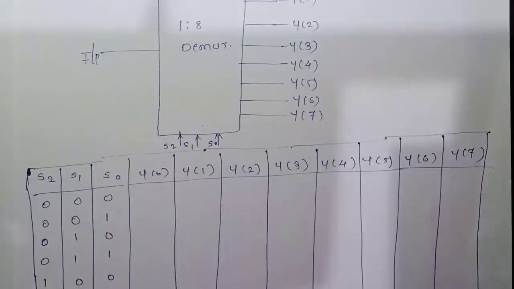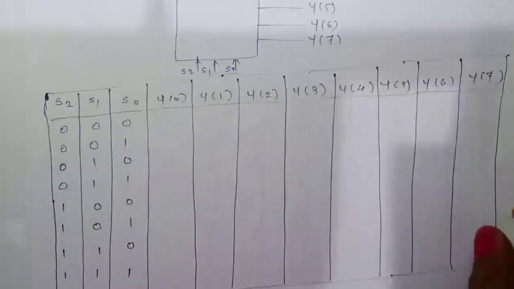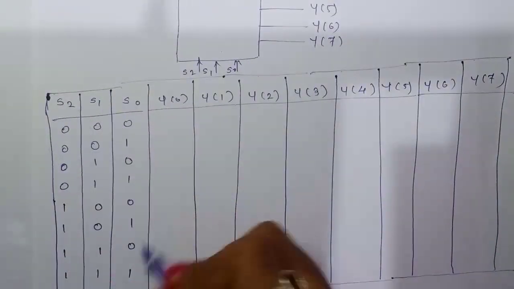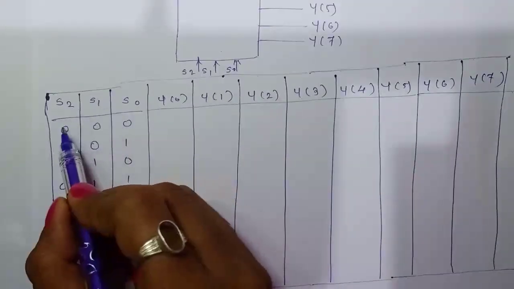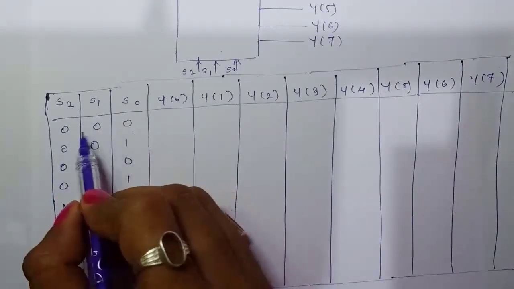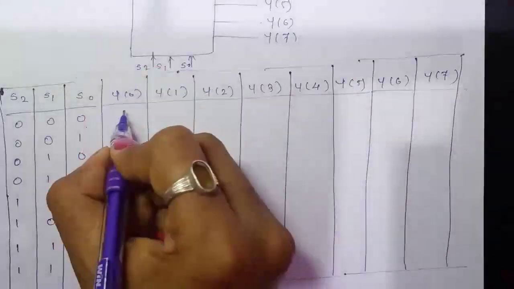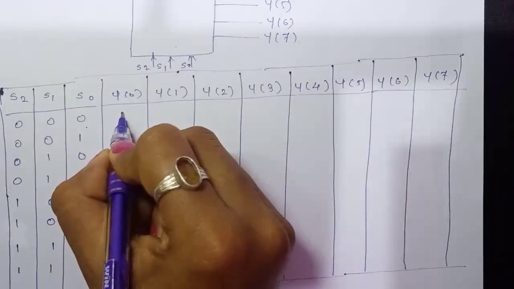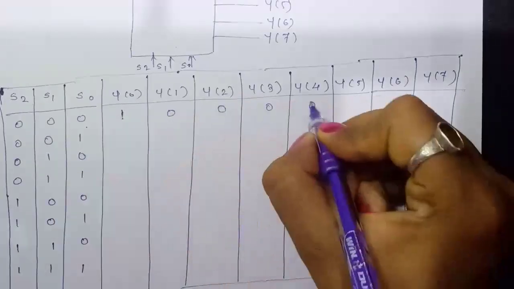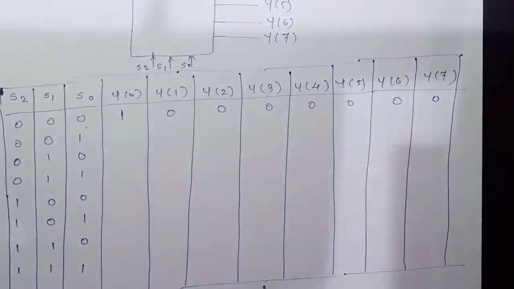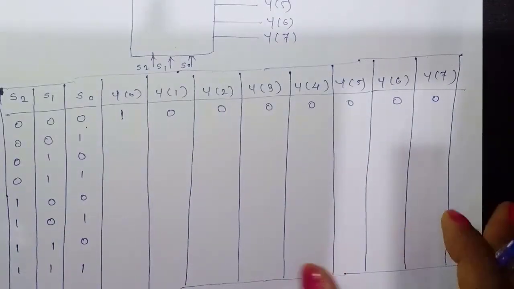Now the truth table for this demultiplexer: with 3 selection lines, there are 8 possible combinations from 0 to 7. If all selection lines are 0 0 0, then Y0 will be active, so Y0 will be 1 and all other output lines will be 0, that means deactive or low.